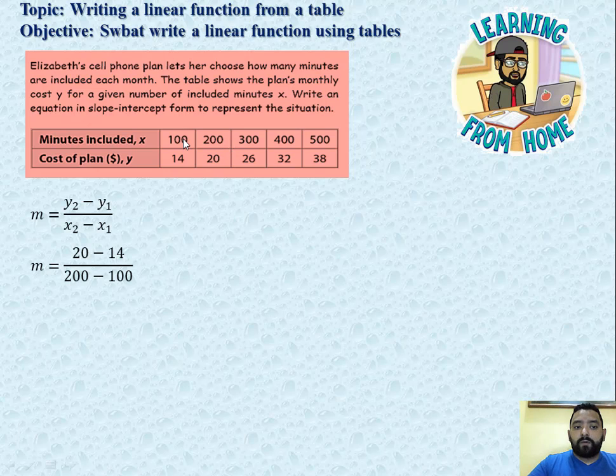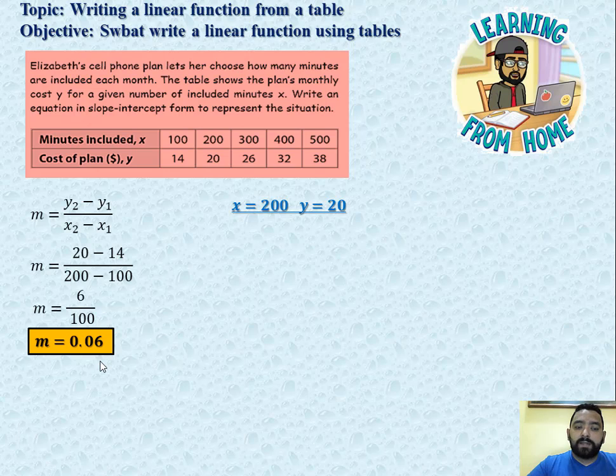I'm going to use 20 and 14 for y2 and y1, and 200 for x2, 100 for x1. Then I solve it and have 6 over 100. You can leave it as 6 over 100, or as the decimal 0.06.